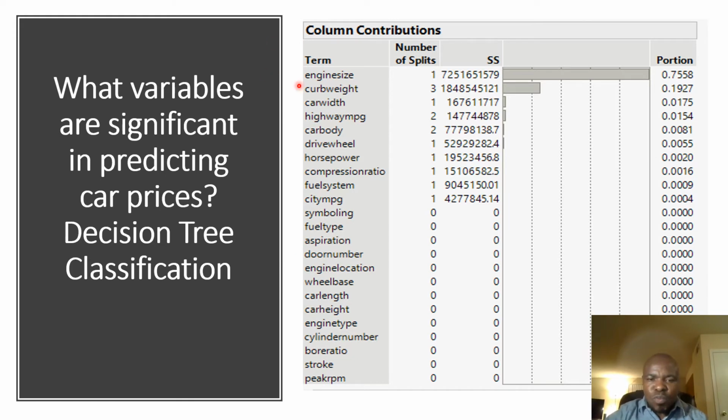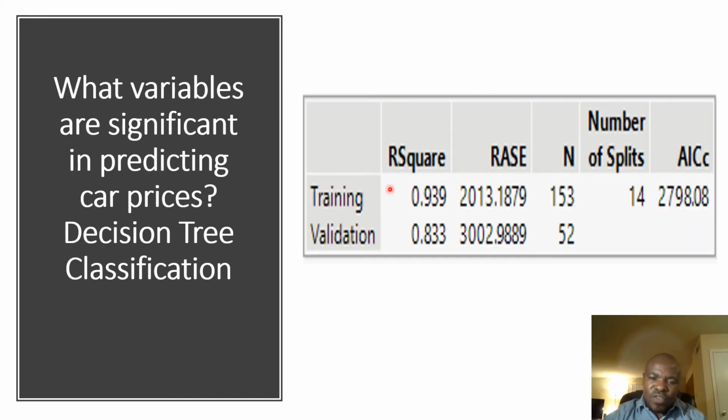When we look at the output, we can see that the most important factor in determining the car price is the engine size. The value is 0.7558. So we can say that engine size accounts for 75.6% of the variation in car prices. The R square for the model was 93.9%, and the validation was 83.3%.